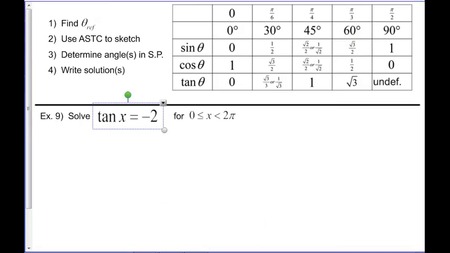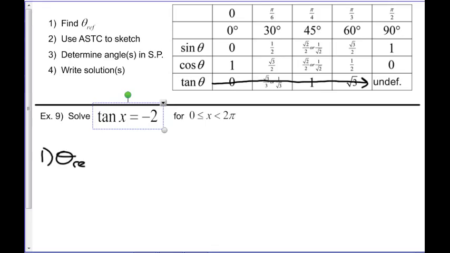Here's one where we've got tan x equals negative 2. So I'll go for the same thing. I'll look on the tan line in my table, and I'll look for 2, and unfortunately it's not there. That's okay. All that means is that we're going to have to use the calculator to approximate our reference angle. And here's how it works.